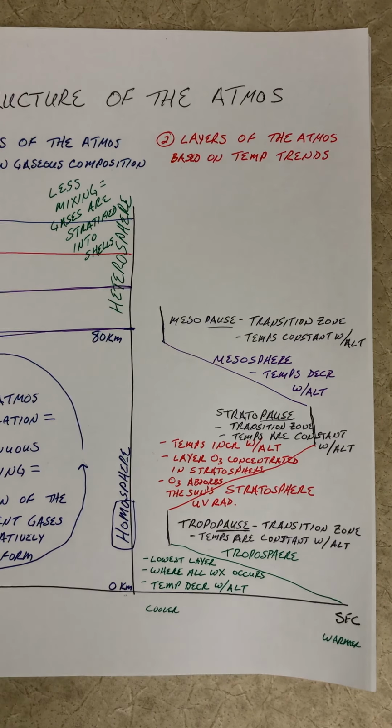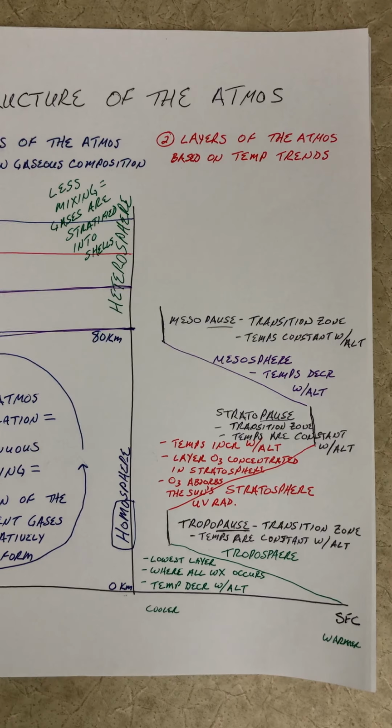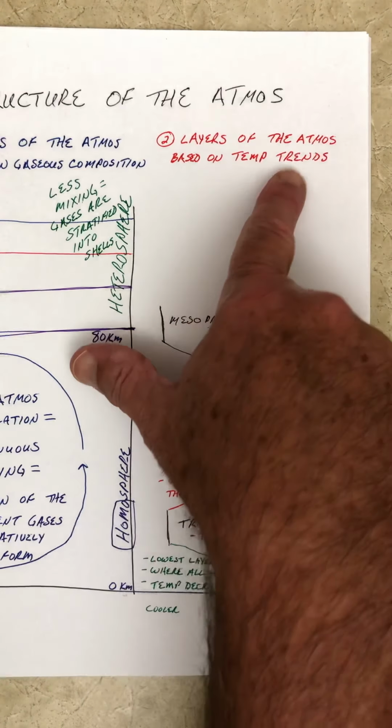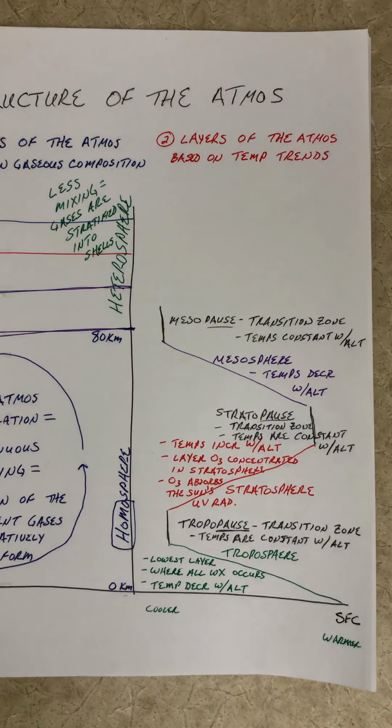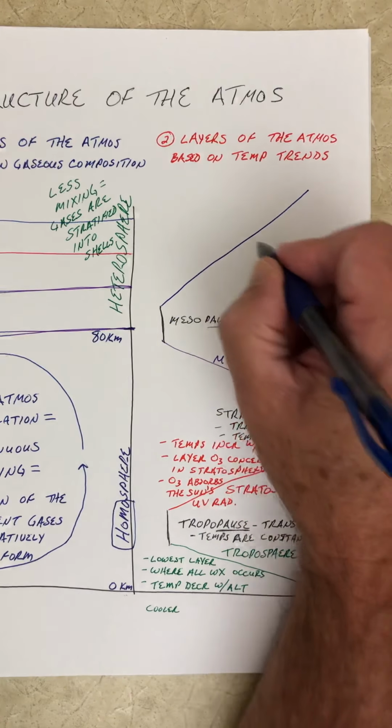Above these three layers we're getting up into the heterosphere. And we're talking about it in terms of temperature trends. Here we are getting into the thermosphere. So the thermosphere is up here.